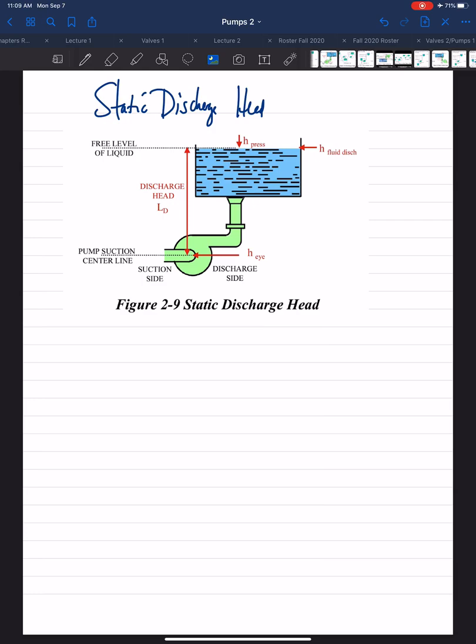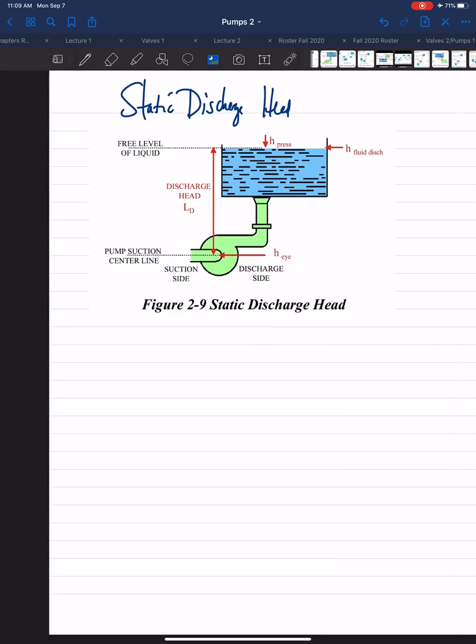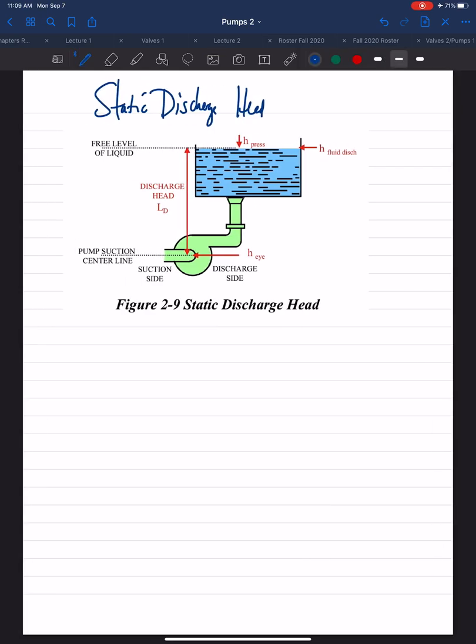So here we're now talking about the discharge side of the pump. So the discharge head, the height above the eye, this is the eye, to where the fluid is discharged into the receiving basin, receiving source, we call receiving basin.